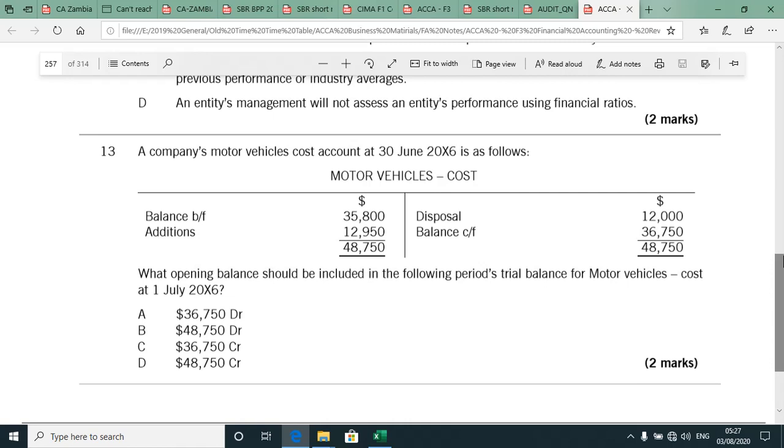So then the closing balance for the current year is 36,750. Of course, this is carried forward, but in the following year it will be a debit. So I'd like to go for A, 36,750 debit, following year.